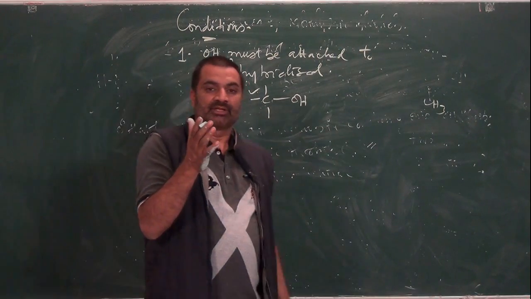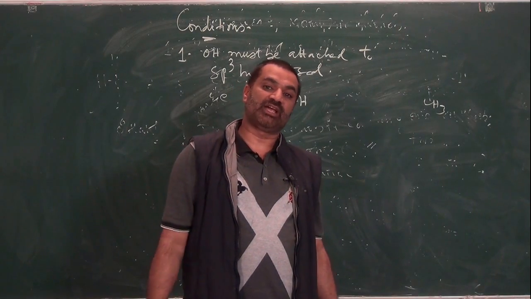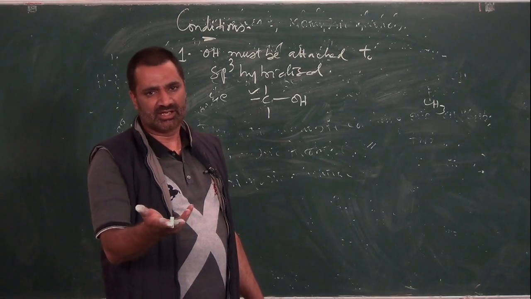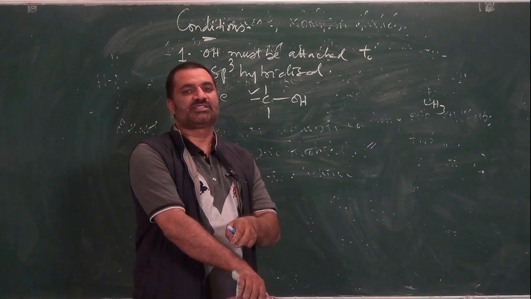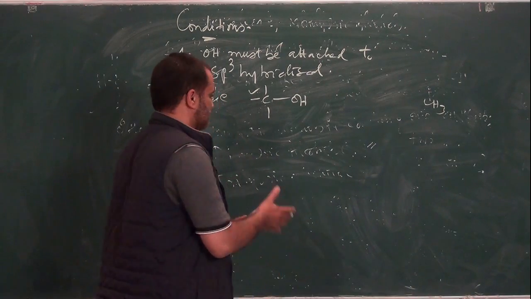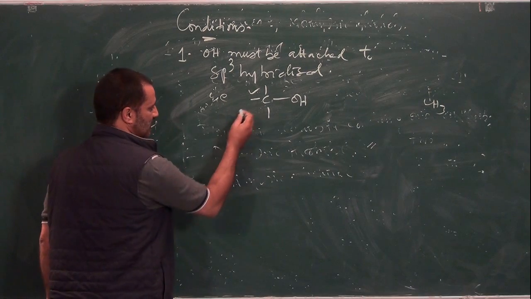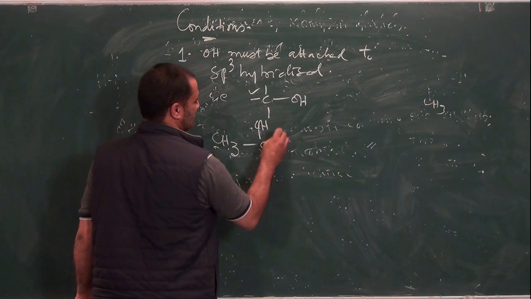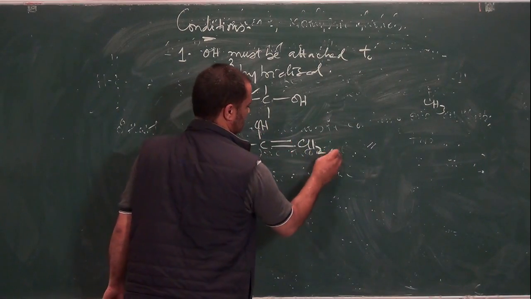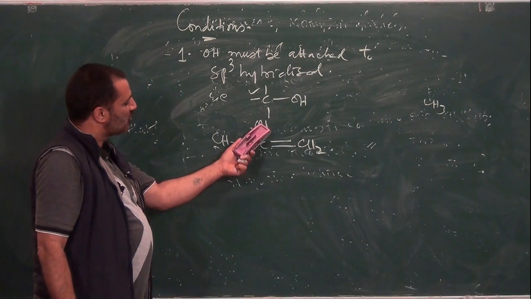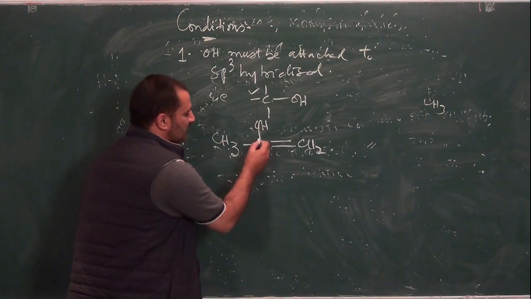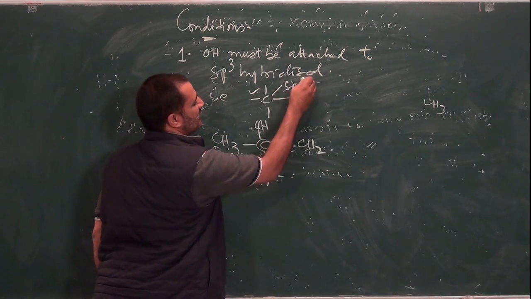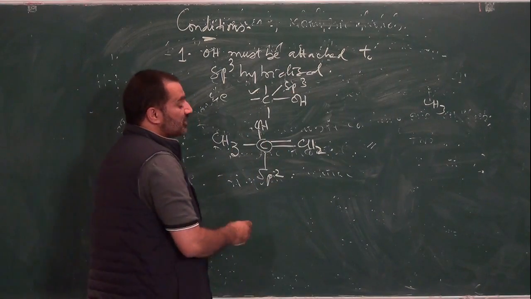If the OH group is not attached to sp3 hybrid carbon, say it is attached to sp2 hybrid carbon, a carbon-carbon double bond, what happens? Let us see. If it is attached to CH3C(OH)=CH2, here OH is attached to the carbon which is sp2 hybridized. It tautomerizes.